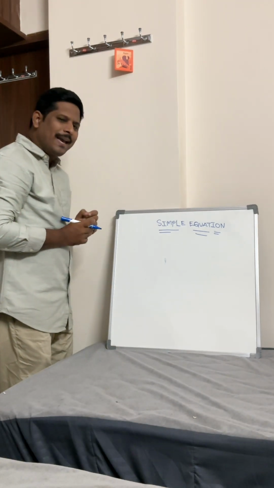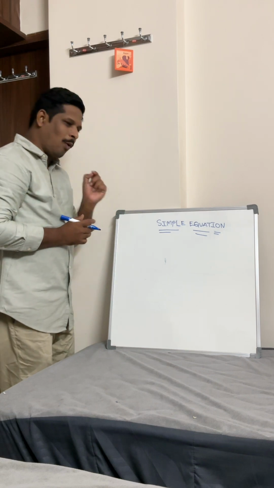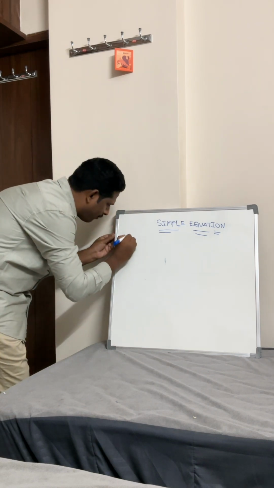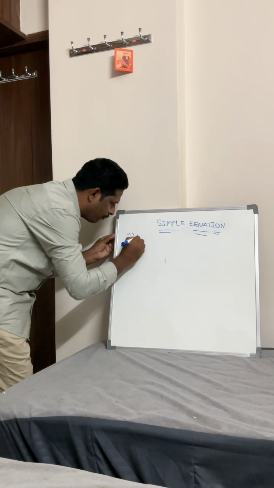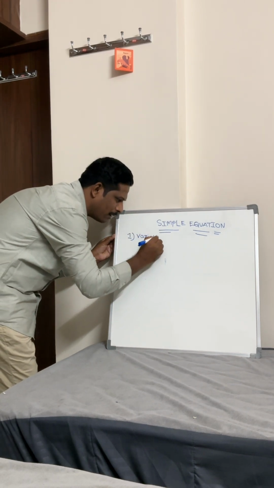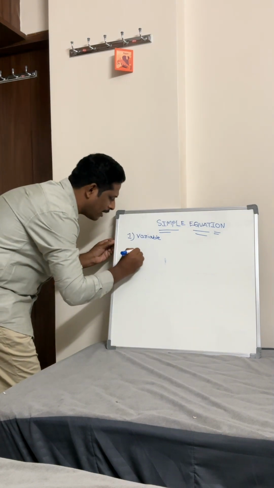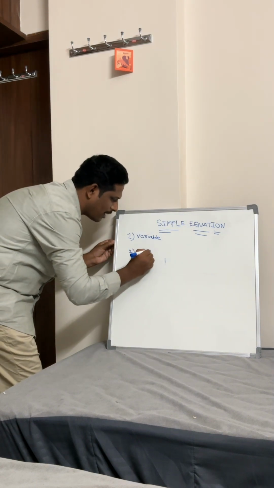So what are the basic things we are going to learn in simple equations? First of all, we have to know about variable. Another one is constant.